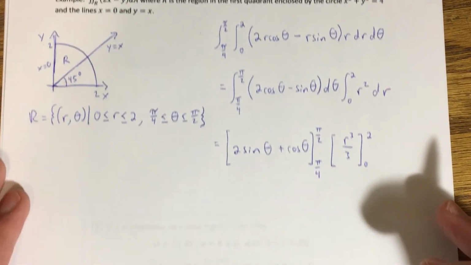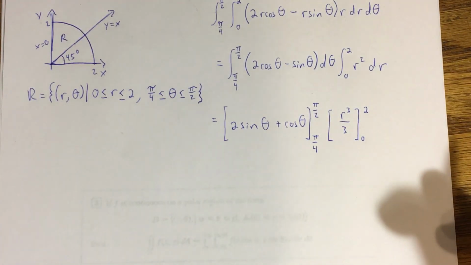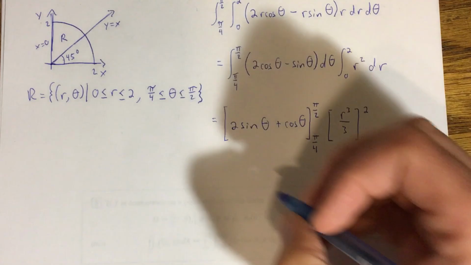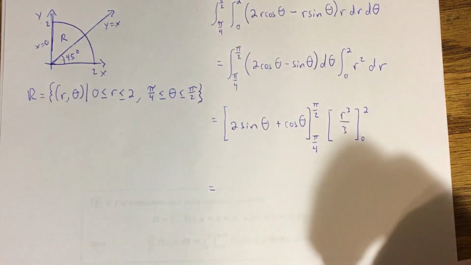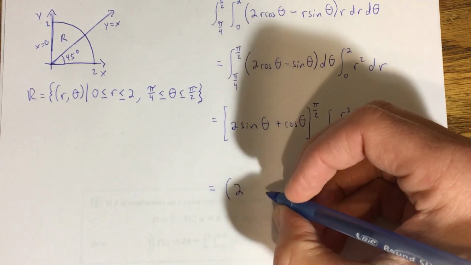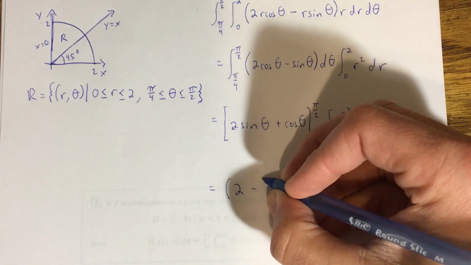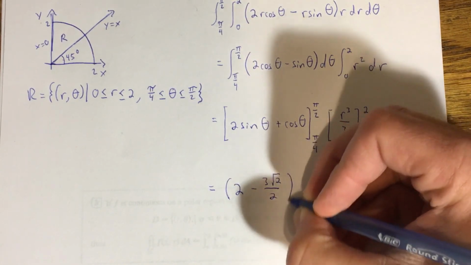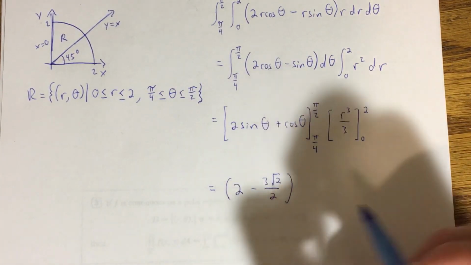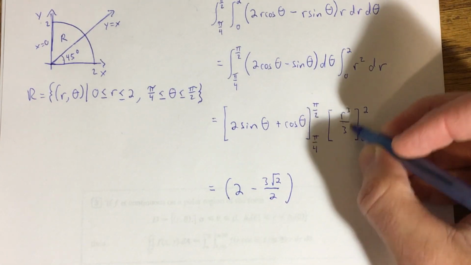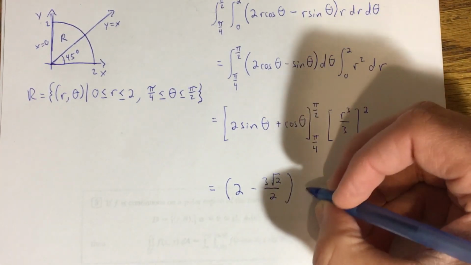And then evaluating this, this becomes 2 minus 3 root 2 over 2, after evaluating from pi over 4 to pi over 2. This 0 is just a 0 when we plug it in, so we don't need to do anything special with that. This becomes 8/3.